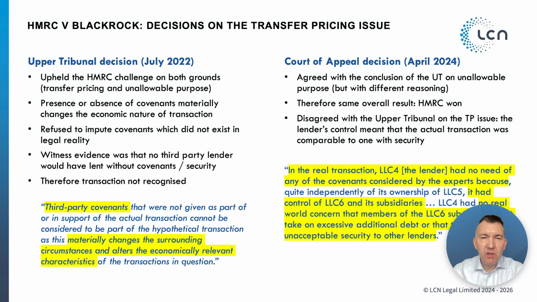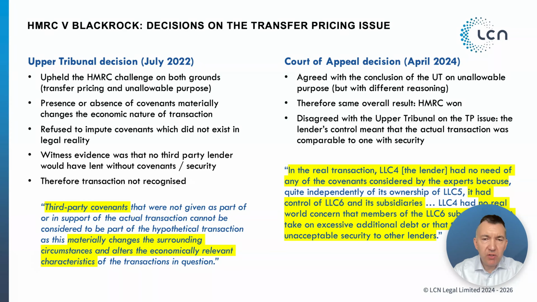The tribunal found that the presence or absence of covenants materially changes the economic nature of transactions of this nature. The tribunal refused to impute covenants which did not exist in legal reality, and also the tribunal accepted witness evidence, which was that no third-party lender would have lent without covenants or security or both that would have given control over the underlying revenue streams.